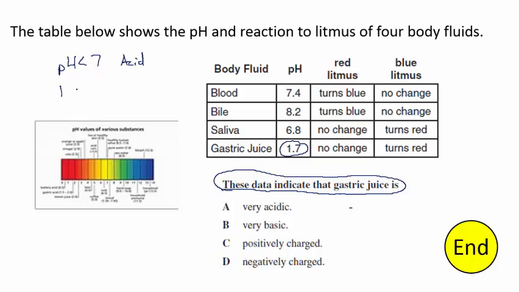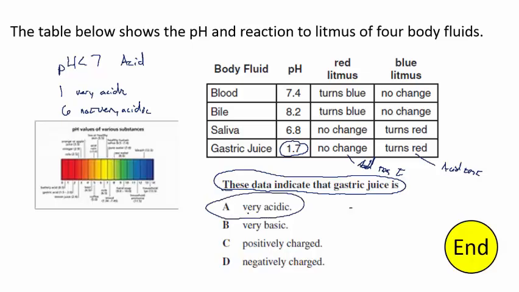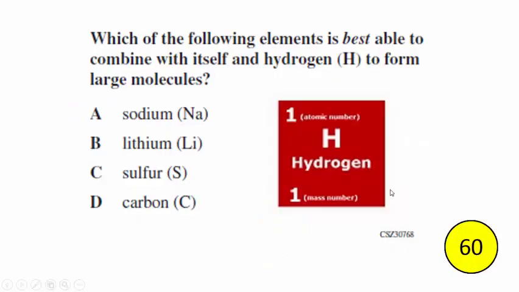The lower the number, like 1, very acidic. 6, not very, but still acidic. So here we're very acidic. If it turns red in blue litmus, that's also an acid test. This also indicates, with no change here, an acid test. So the choice here is we are very acidic. Choice A. Next question, 60 seconds. Begin.